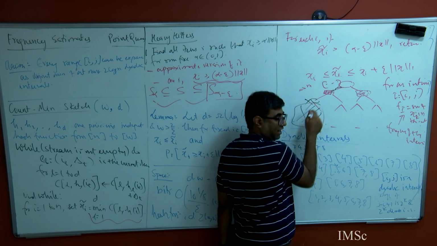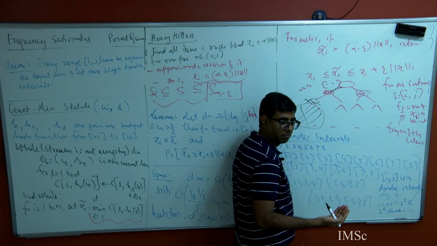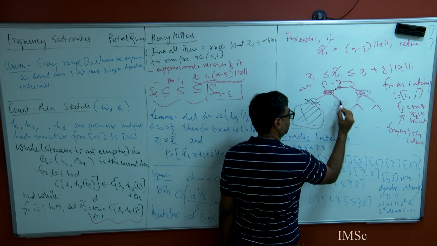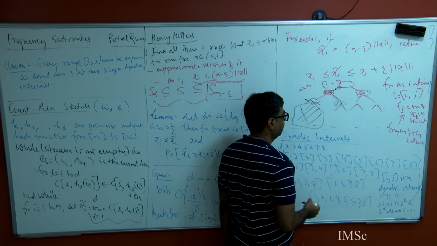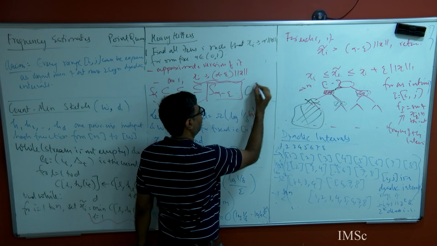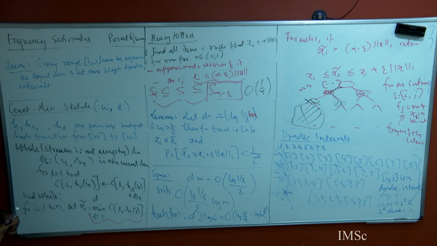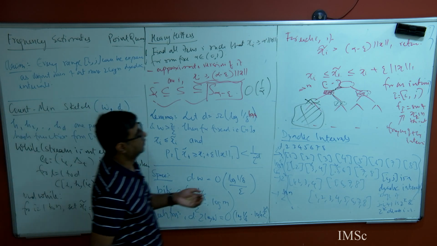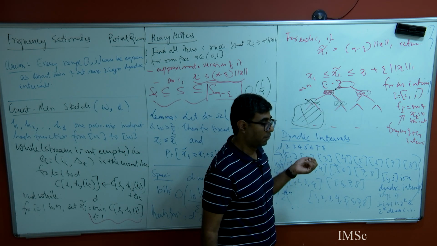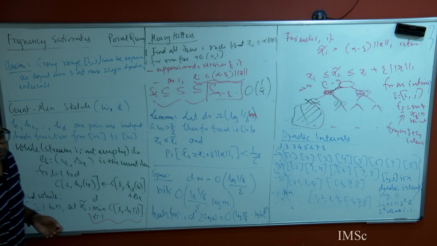Because the sum of many objects here is not greater than or equal to m by k. How can there be an element with frequency more than m by k? Okay, fine. Then you go here. Then you go here, right? So how many such elements will be there? Roughly order 1 over alpha, right? So if we can do this binary tree business nicely, we will be happy. But again, there is some error here, so you have to be a bit careful.